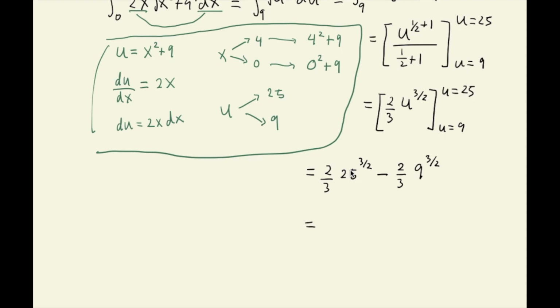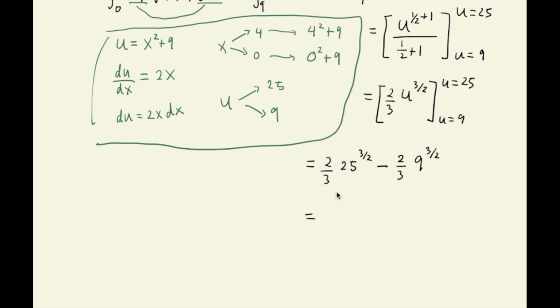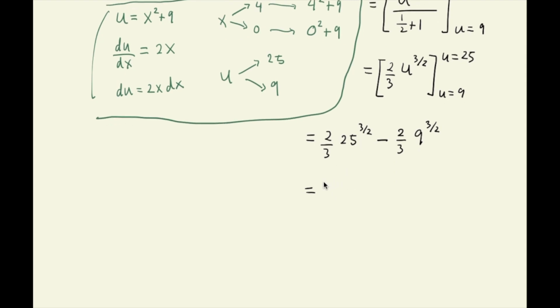So this is 25 to the 3/2. You can first evaluate the 1/2. I'll write it down. So this is 2/3 times 25 to the 1/2 cubed, right? Minus 2/3 times 9 to the 1/2 cubed.